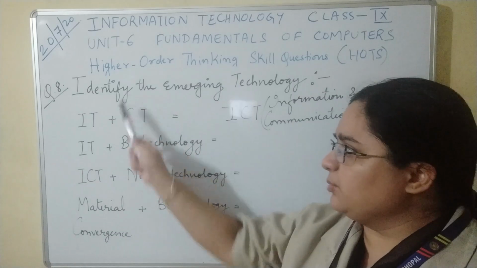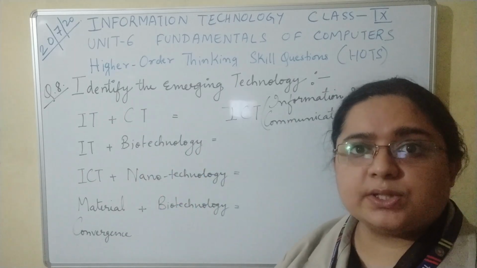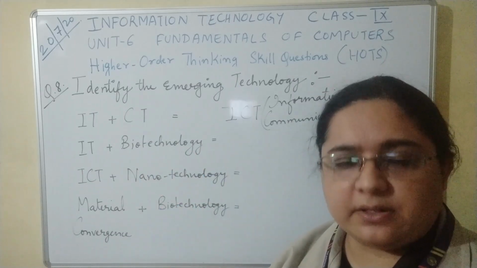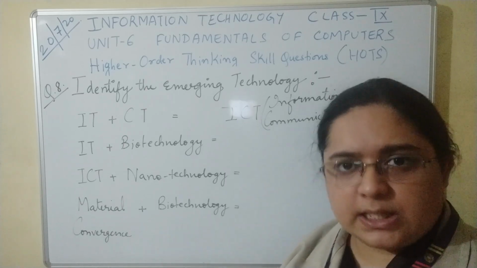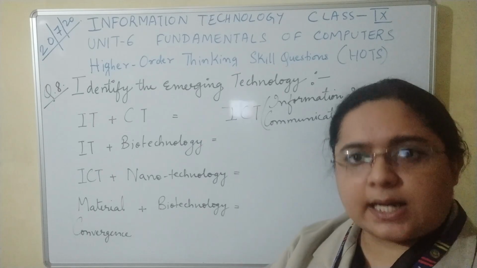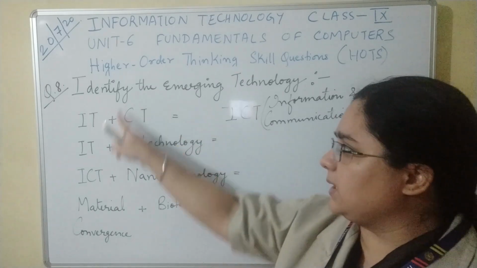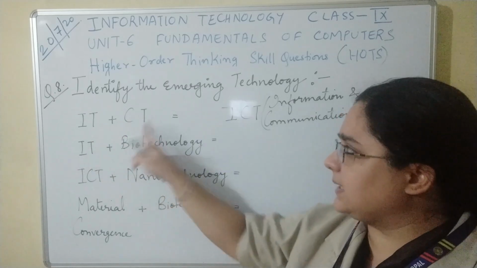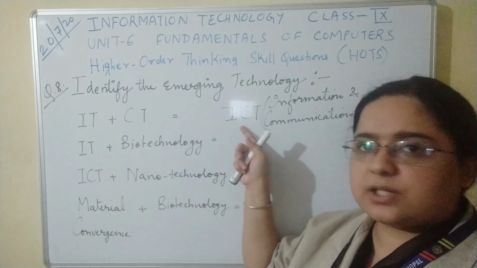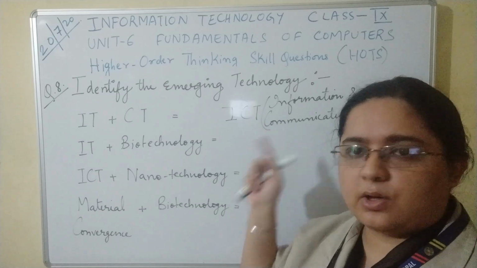And communication technology includes all the features of a network which allows computers to communicate with each other. Network, our internet, all these things come under communication technology. So when we combine IT and CT, they will form information and communication technology.